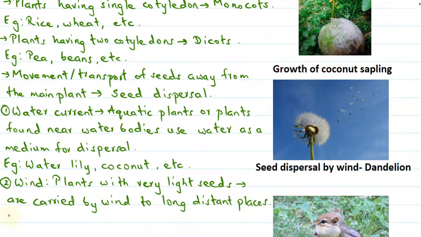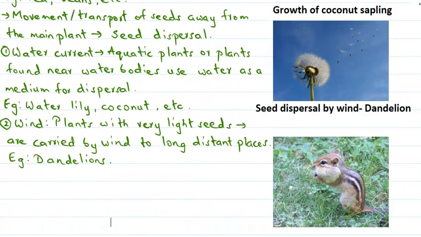For example, in dandelions, the seeds get dispersed by the help of wind because the seeds are very light, so they can be easily carried away by wind.